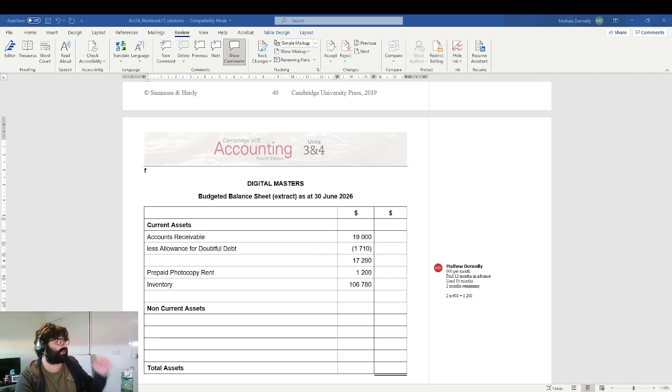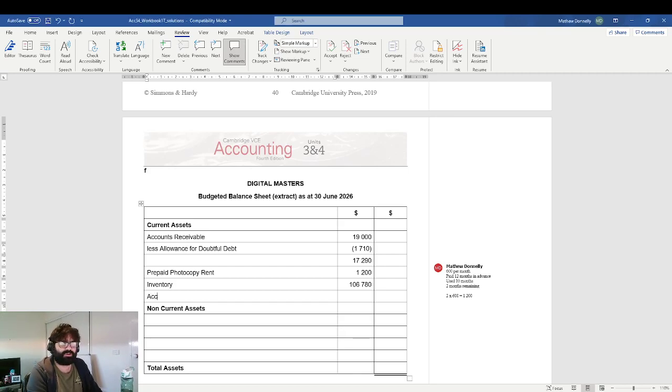If we go back to the term deposits, let's go back up to the term deposit. On the 1st of April, the business will invest $6,000 in a 3-year term deposit. Interest is earned at 8% per annum, payable on 31st of March each year. So from April to May to June, they earned revenue, but they haven't received it.